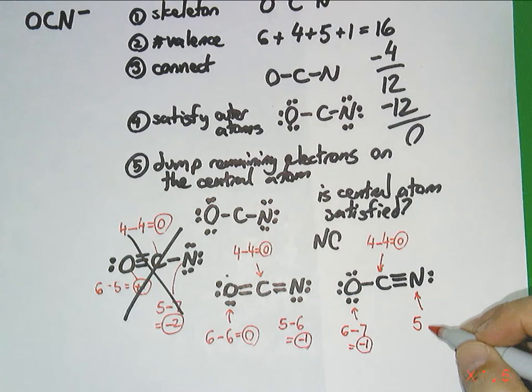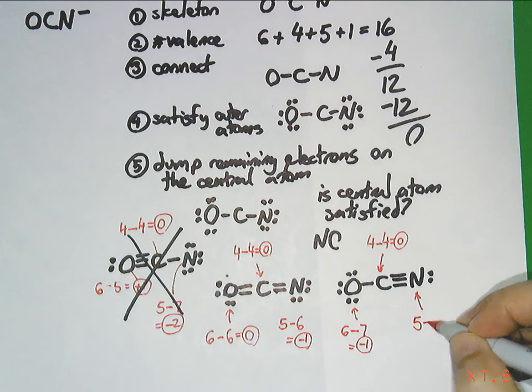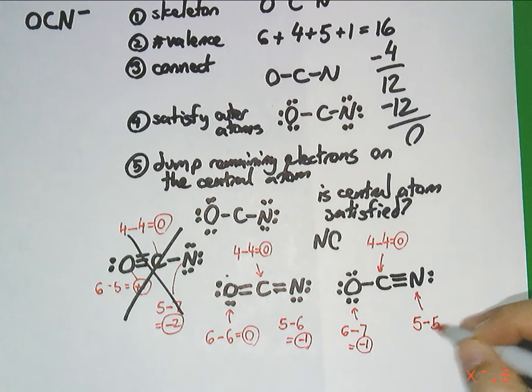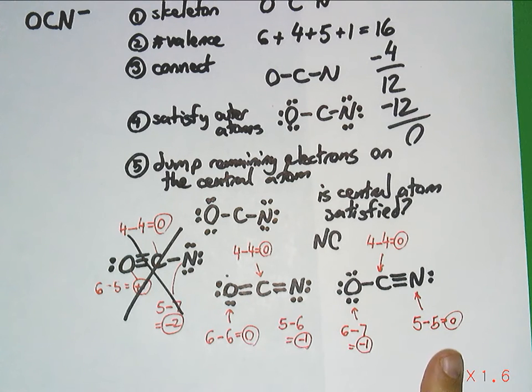It's got 5 valence electrons on the periodic table, minus 1, 2, 3, 4, 5 sticks and dots, which is a 0. All right, now if I look at this one and this one, I might be tempted to say, well, they must be resonance structures of each other because they have the same set of formal charges, just moved around a little bit. But now here is something new.